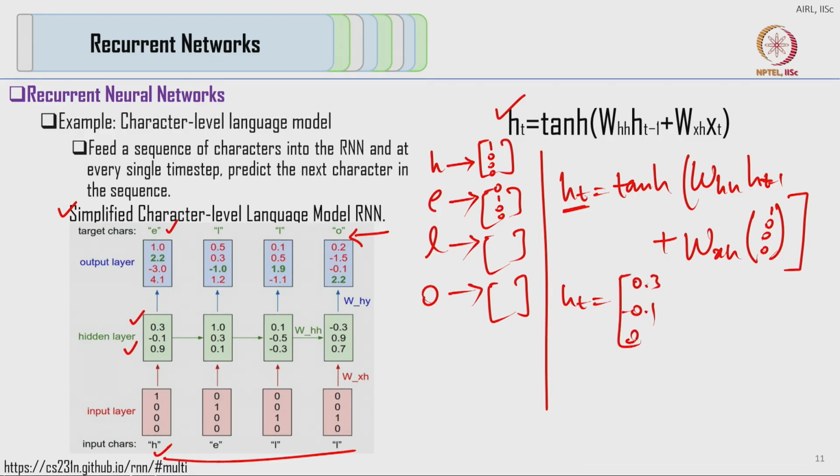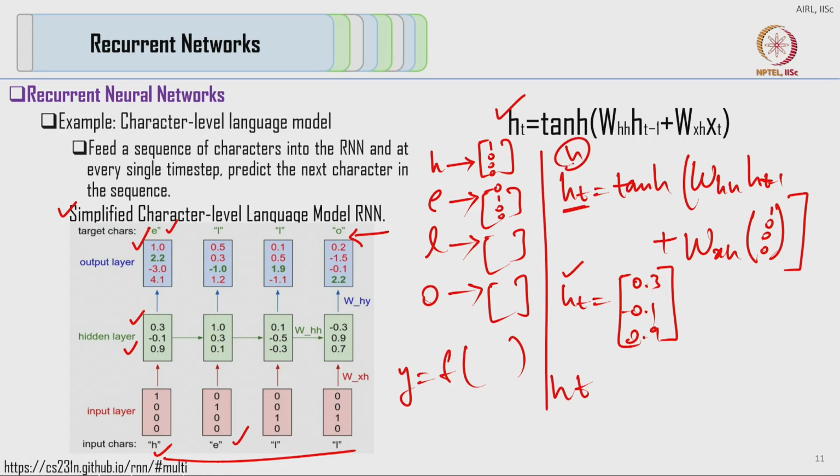Once we write this equation, we know that h_t, as observed in this figure, would be 0.3, -0.1, 0.9. And once we have the hidden state, we can use the equation we saw in the previous slide, where y is a function of this, and we can have an output prediction of this particular RNN state. Now for the letter E we can follow the same structure.